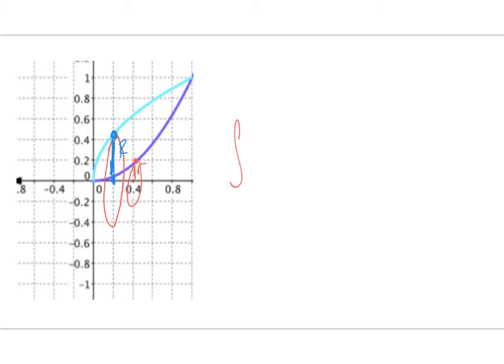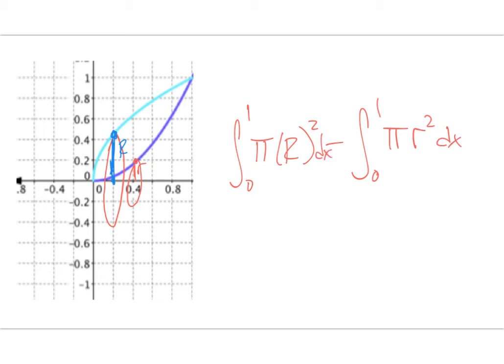So in terms of what we're looking at, we're going from 0 to 1, and this is going to be pi big R squared minus, going from 0 to 1, pi little r squared. I forgot my dx's, those are important.